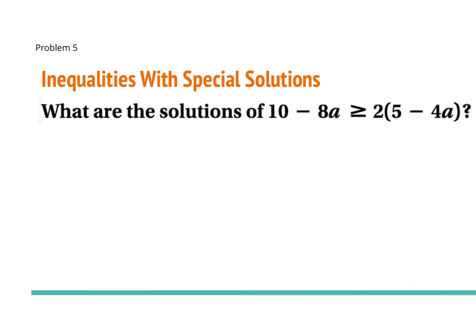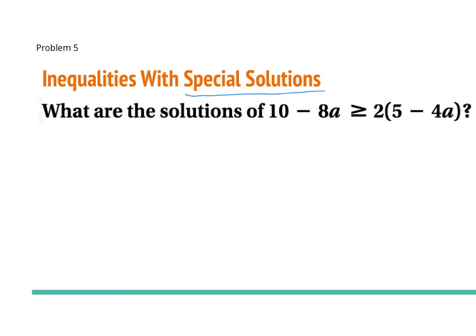And a little bit more practice. But in this case, we're going to get what's called special solutions. If you remember when we were dealing with equalities, or equations, we would get some things that were like an identity, which had infinite solutions, and we would also get what was called a no solution.